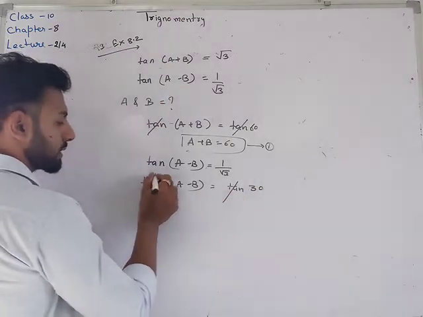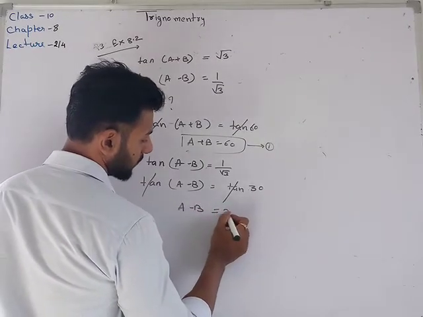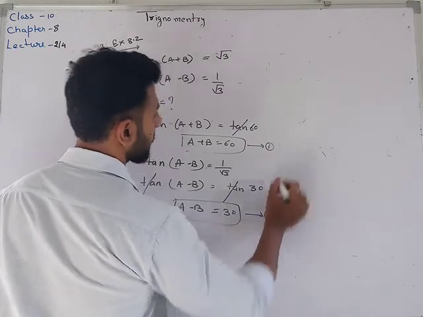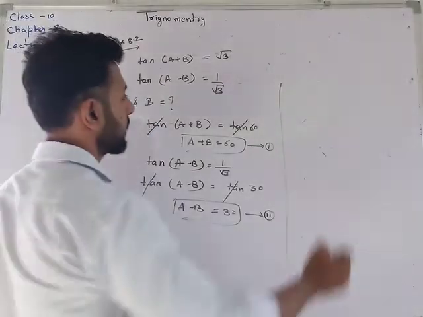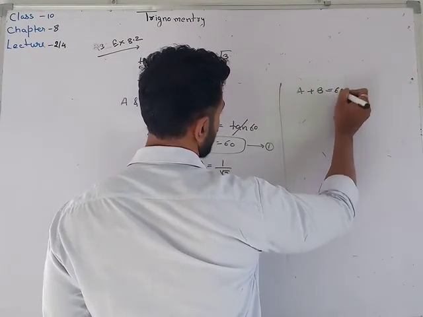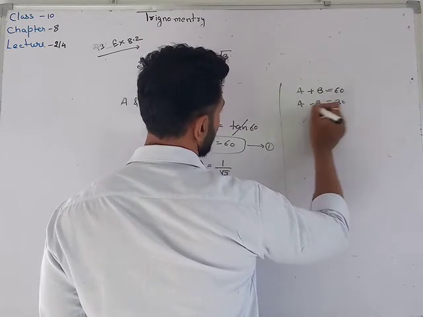This tan will get cancelled out with this tan. A minus B is equal to 30 degree. This is second equation. Now solving 1 and 2. A plus B is equal to 60. A minus B is equal to 30.